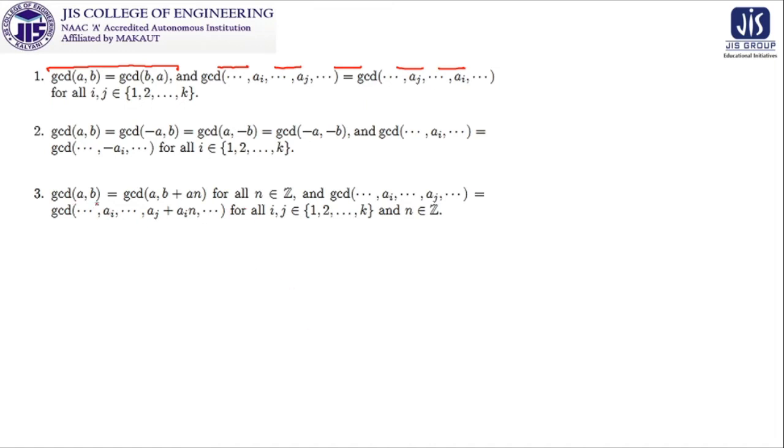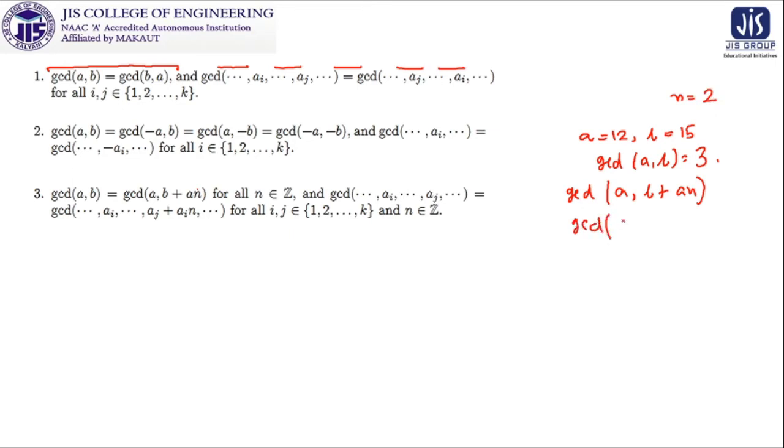GCD of A, B is equal to GCD of A, B plus AN. So suppose A is equal to 12 and B is equal to 15, then the GCD of A, B will be 3. We know that. Now if I want to find the GCD of A, B plus AN, where n belongs to Z, and suppose I am taking n equal to 2, then what will we get?